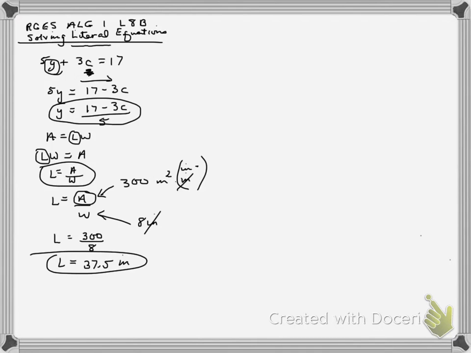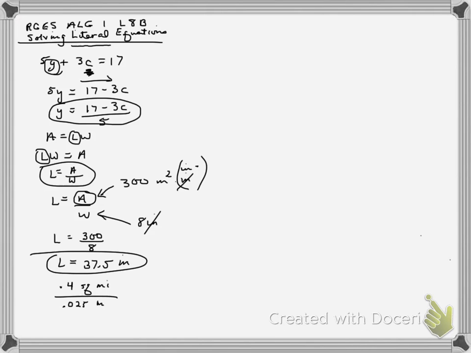And so the next one would be if A is 0.4 square miles, so we would have 0.4 square miles, and W is 0.025 miles.